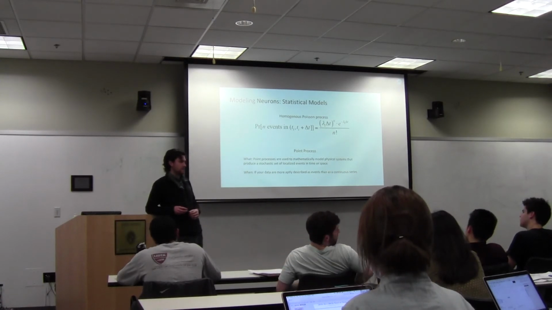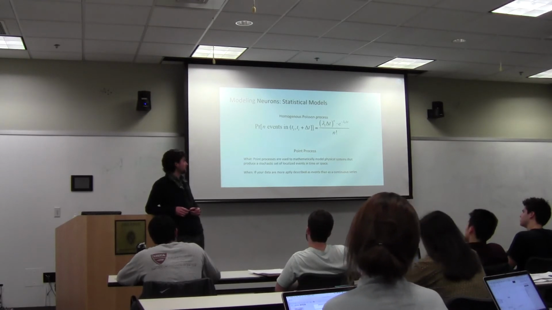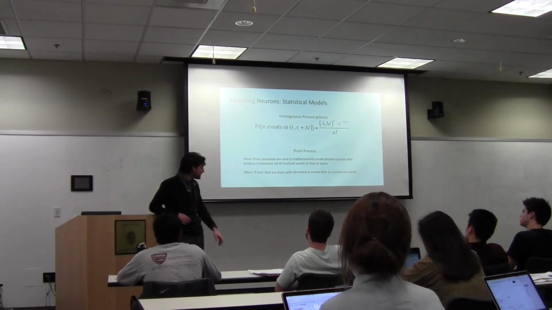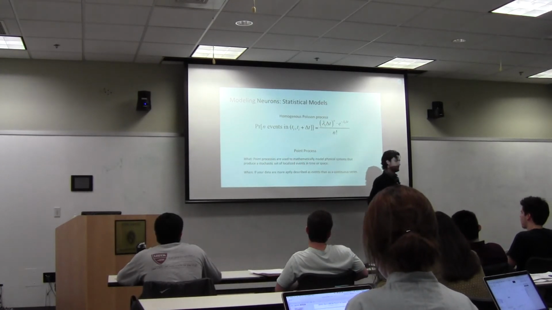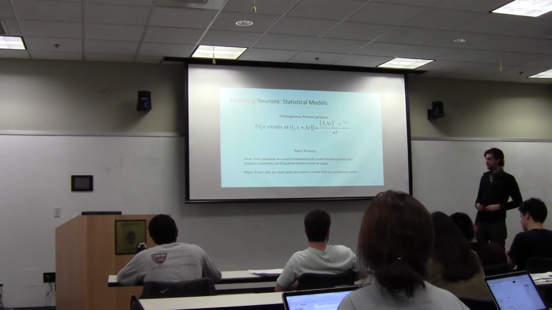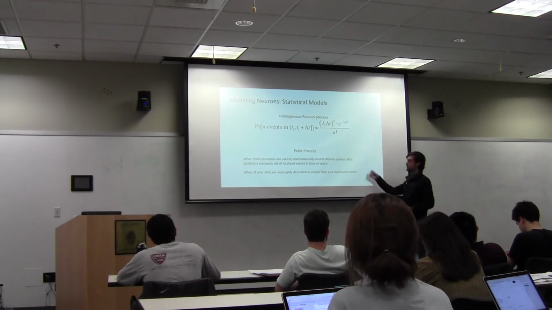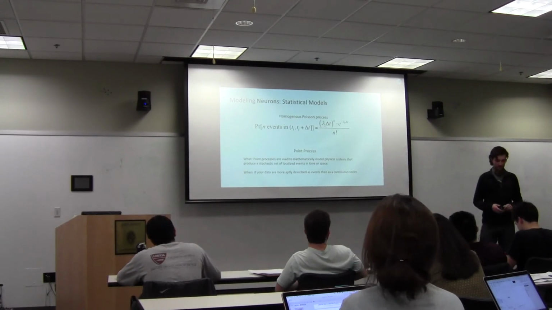Yes? Will we be given any equations for this part? I don't know. You're not going to need to know any equation for lambda, right? Because lambda is dependent on your data. You're proposing the model for lambda, but it would be helpful to know something like this. How do you write the probability of a Poisson distribution?